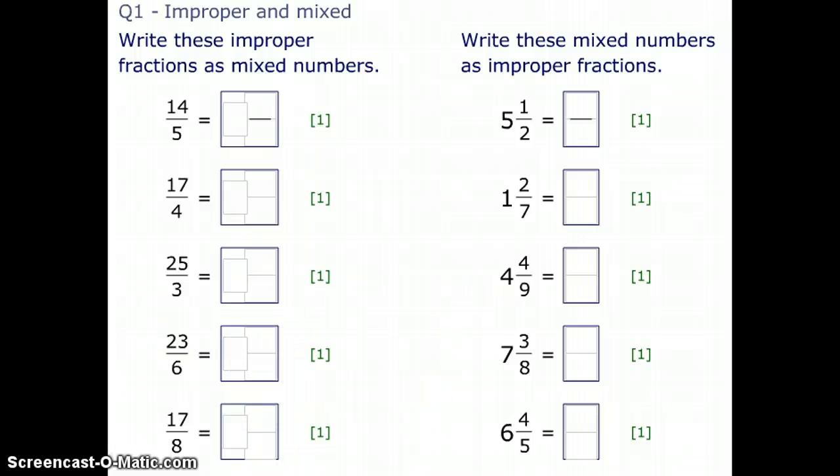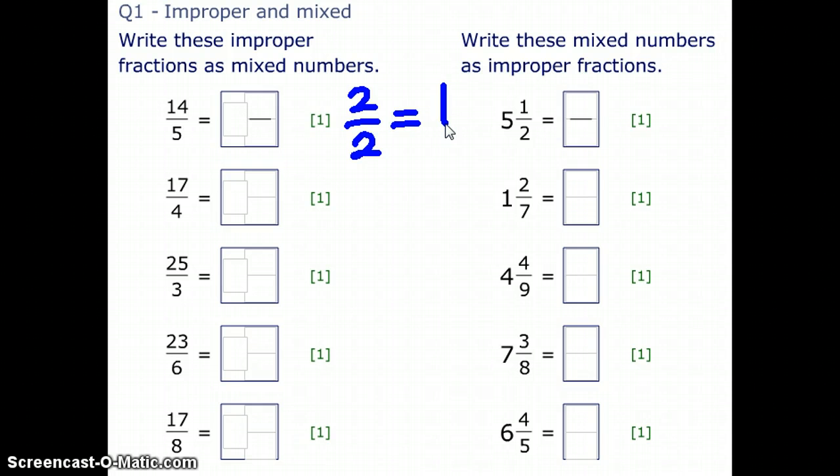Okay, now let's start to consider then how we might reverse that process. How can we write these mixed numbers as improper fractions? Well, all we're going to do is reverse that process around. If I've got 5 wholes, I know that for each whole number I have got 2 halves.